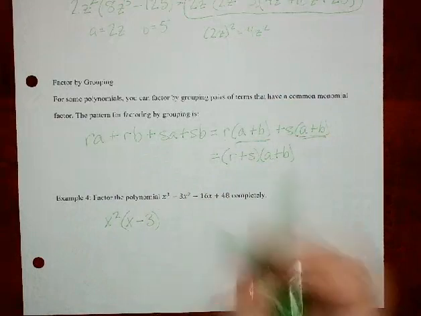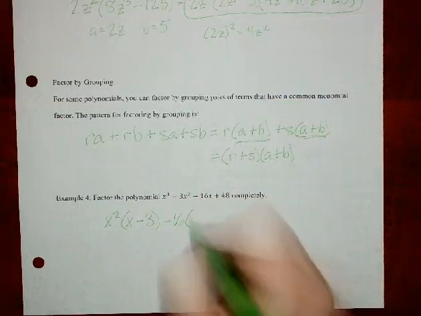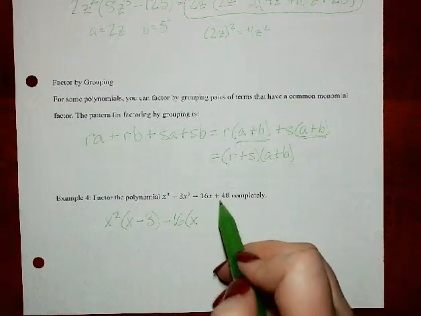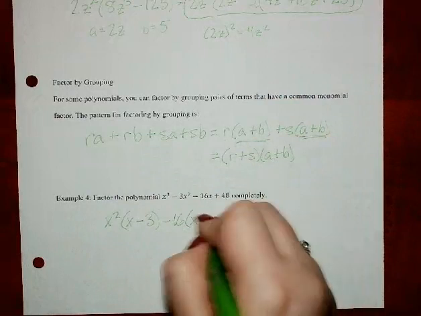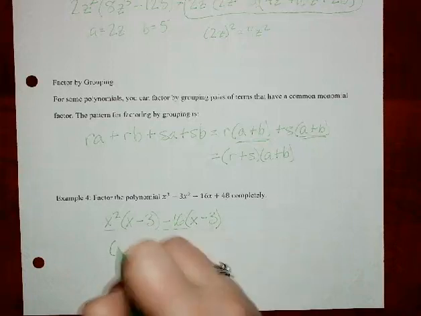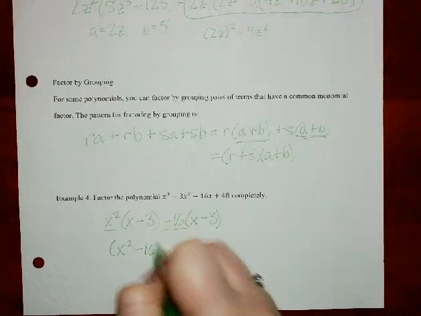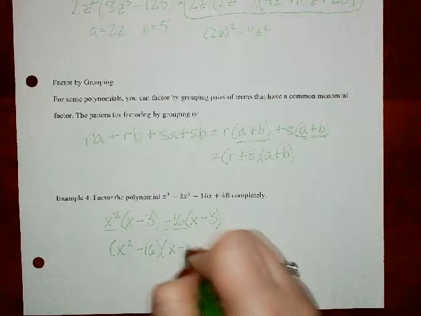So I'm going to factor out negative 16, and I'm left with x. If I divide 48 by negative 16, I'm left with negative 3. So now I can take my parts outside the parentheses: x squared minus 16 times my common factor, x minus 3.